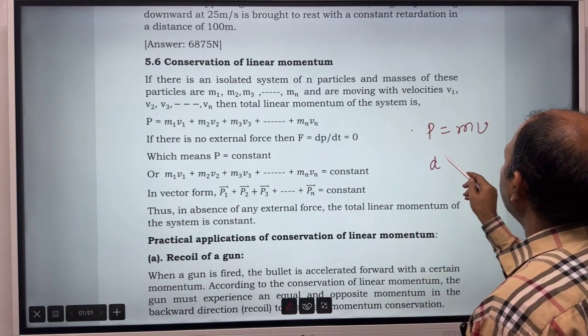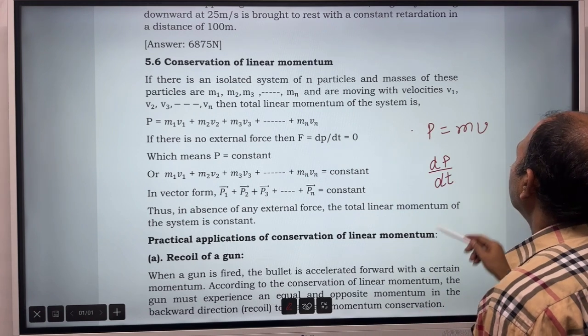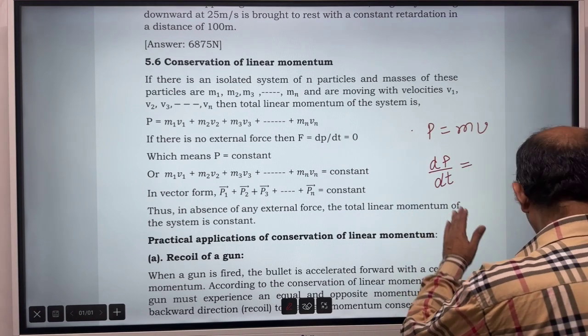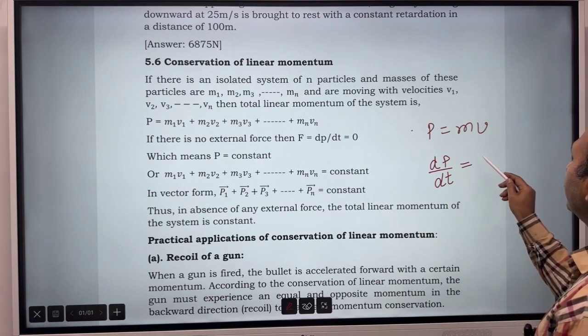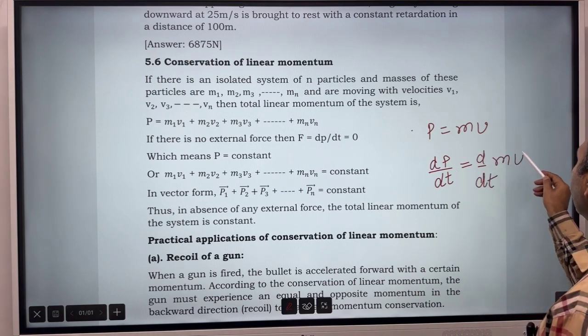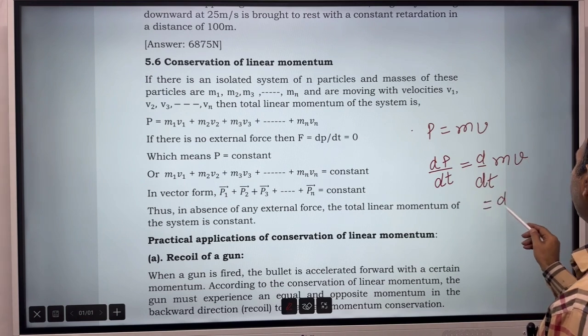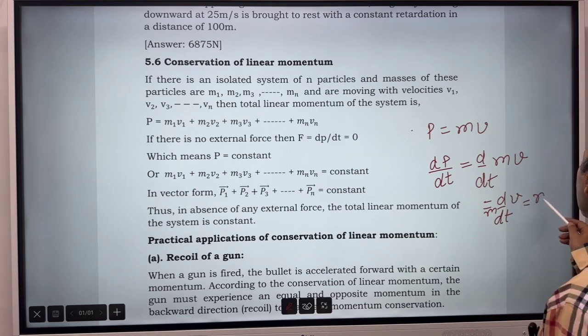So if you consider dp upon dt, change in momentum per unit time, what does it represent? So d upon dt of m times v, that is d upon dt, m is constant, you can keep it outside, then dv, and dv upon dt is acceleration.